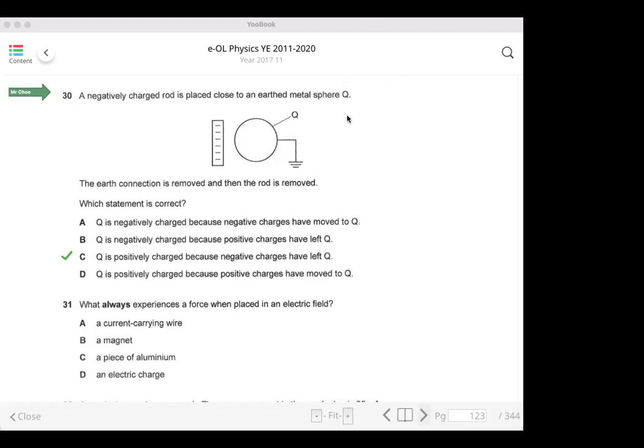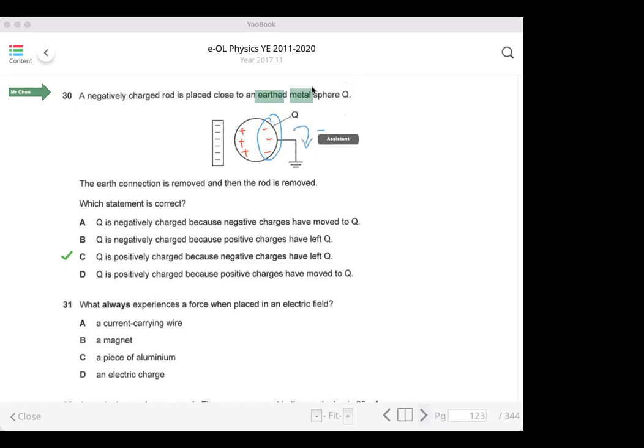I will highlight the word earth and the word matter. These are the two words that I'll highlight. At first, step 1, it will become like this. Then step 2, this will be neutralized.